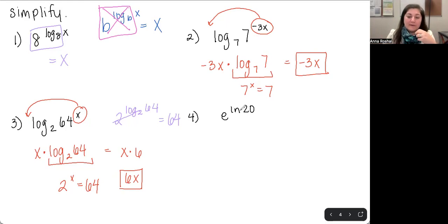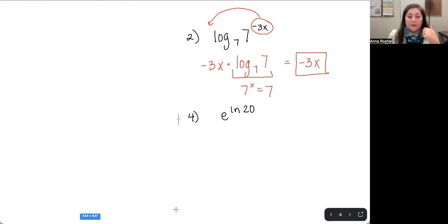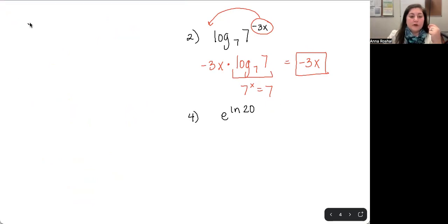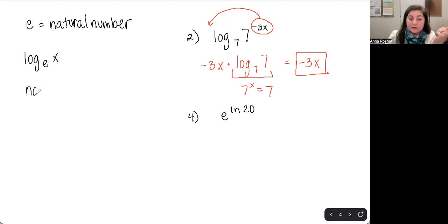So the reason why we have ln is because, and let me remove some of this stuff because I feel like I need more space for writing. So if E is the natural number, then if I have log base E of something, I should have the natural log of x, is in theory what I'm saying.